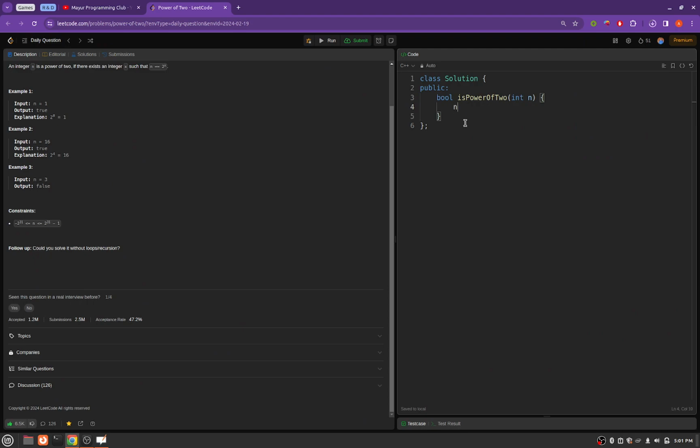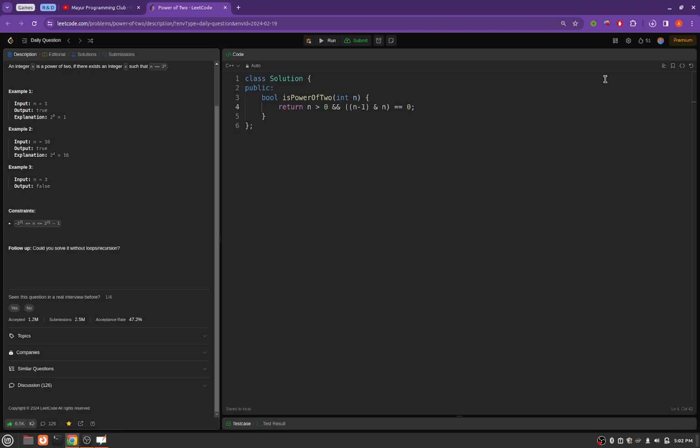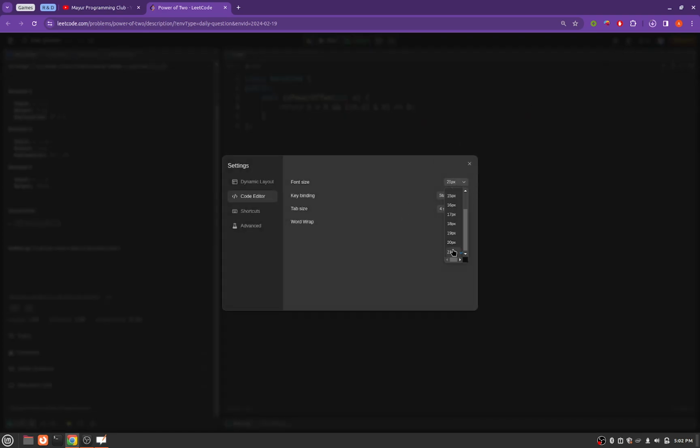What we'll be checking is n should be greater than 0, and we'll be returning whether this results in true or not. So n's AND with its one less should be equal to 0. This condition should be enough for us to check whether this particular number is a power of 2 or not.